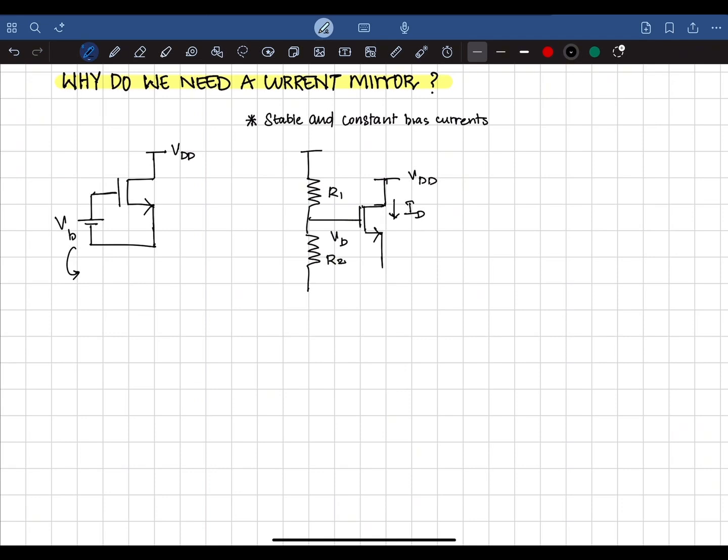But we cannot use these components because there is an actual difficulty with physically using them, and one of the main reasons is they are temperature dependent and they are also dependent on VDD.